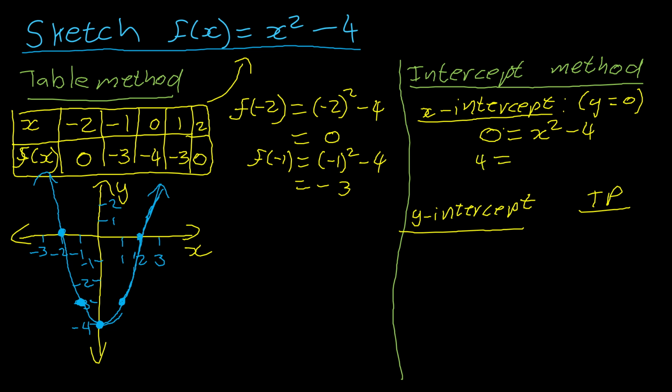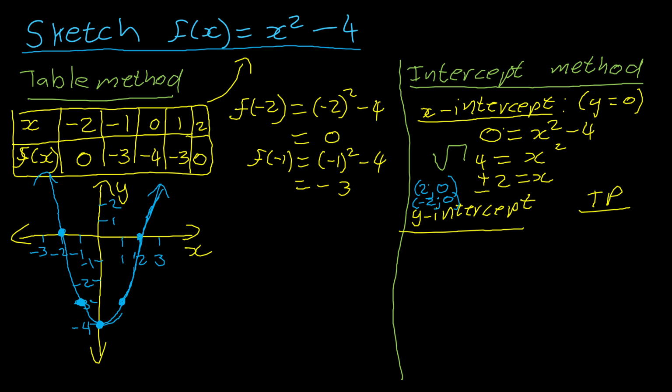It becomes positive, so 4 equals x squared. You take the square root on both sides, and then you get an answer of plus minus 2 equals x. So meaning one coordinate is 2, 0, and the other one is minus 2, 0.